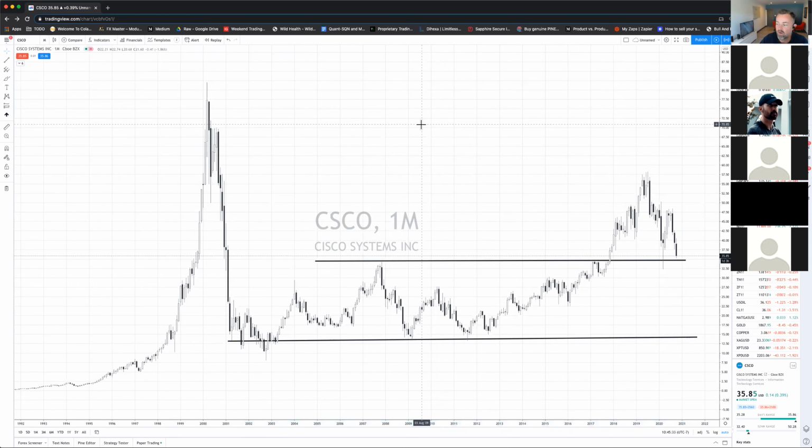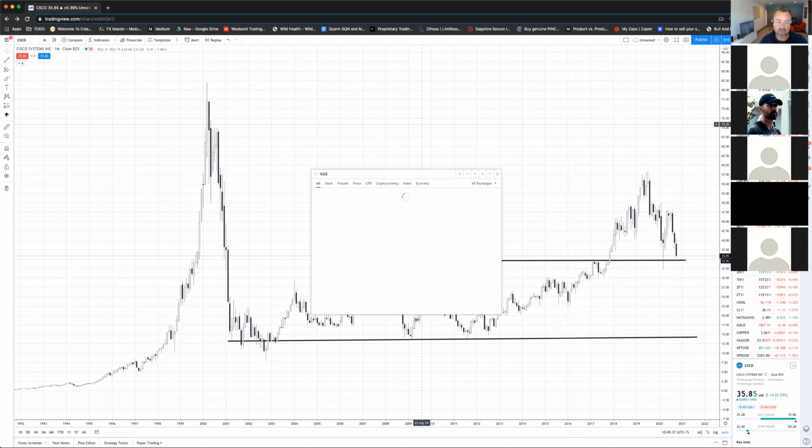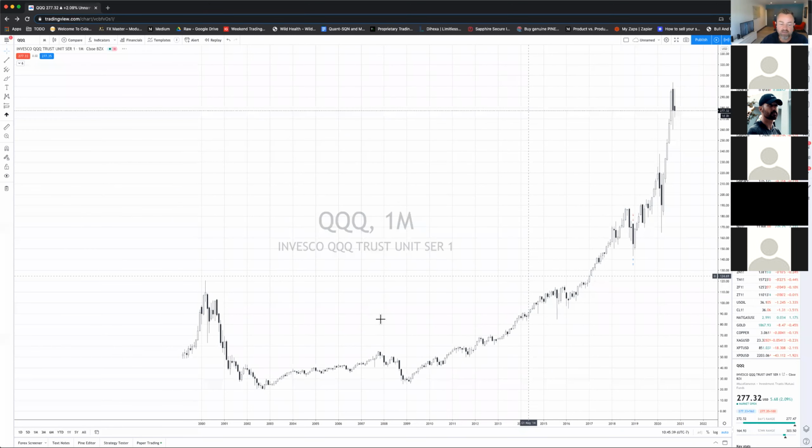What's interesting about this is if I look at the NASDAQ itself, the index that it trades, this is that same high that Cisco's at here, $74, relative to the NASDAQ 5,000 high in the year 2000.